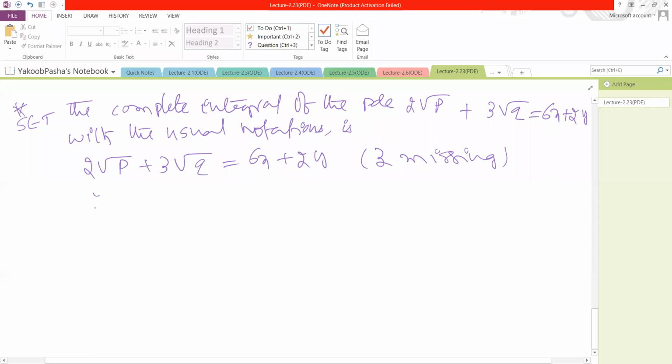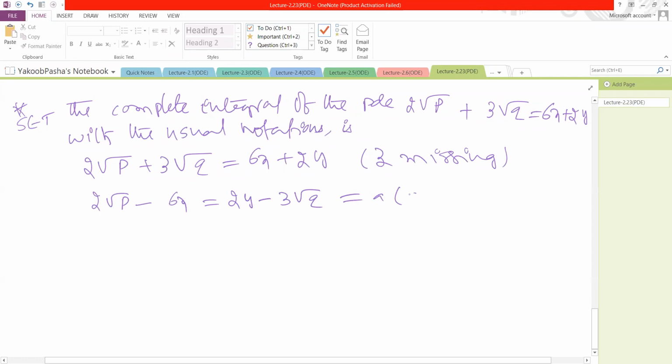When z is missing, it is variable separable form. So 2 into root p minus 6x is equal to 2y minus 3 into root q. So here the variables are separated. In this case we can take a common value as a.